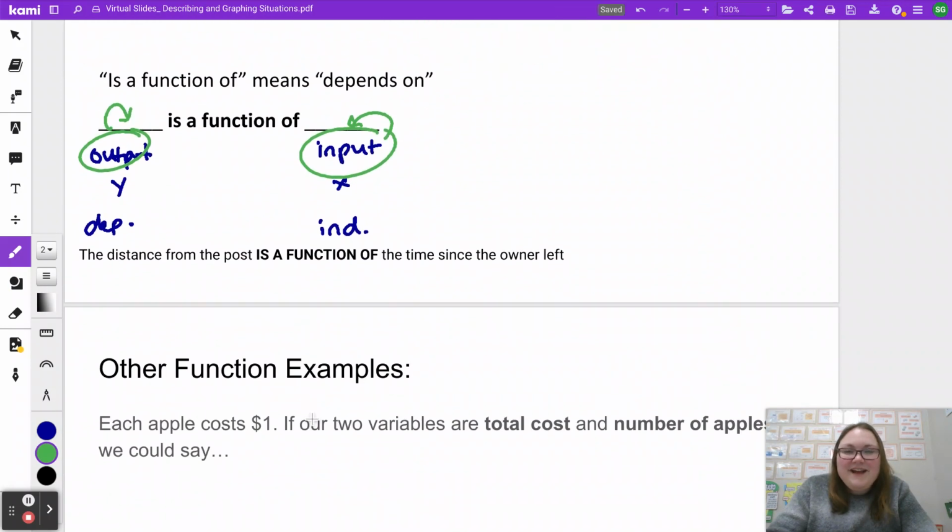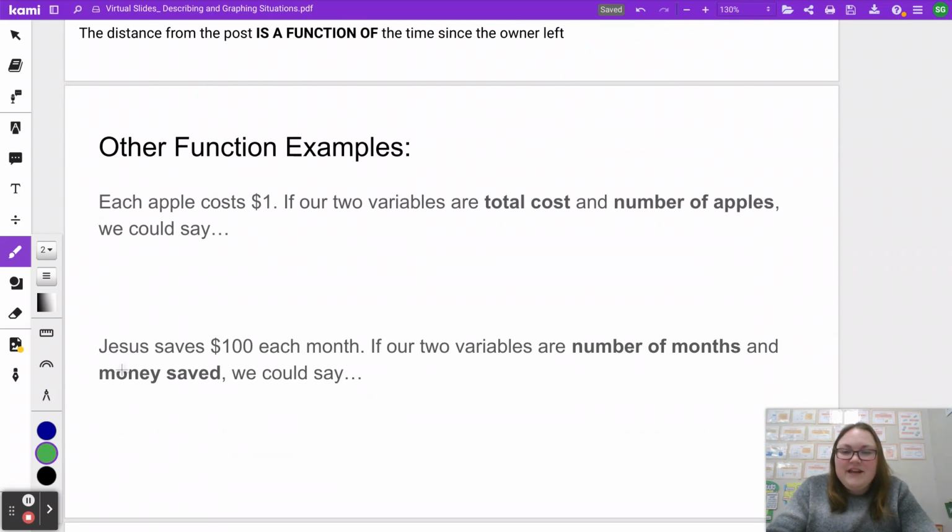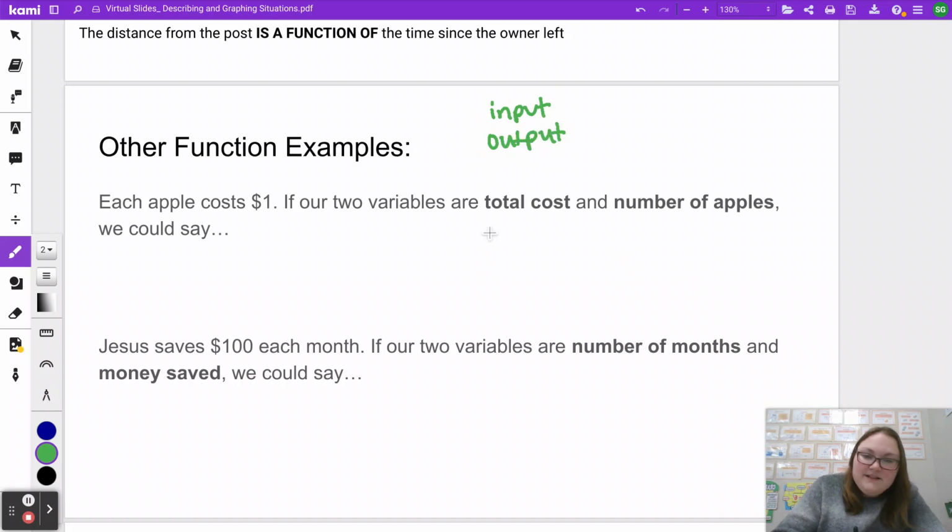So the final thing I have for this video is I've got two different examples here. For each of these, I want you to read through the story, and I want you to do three things. I want you to first identify the input and the output, because you need to be able to identify those to really be able to write that sentence using function language.